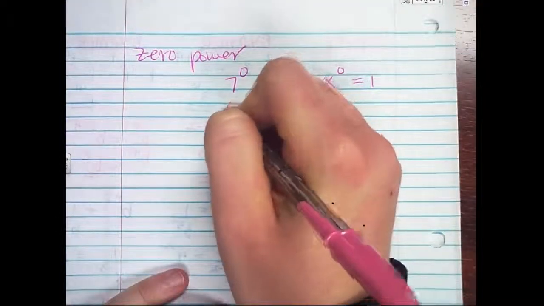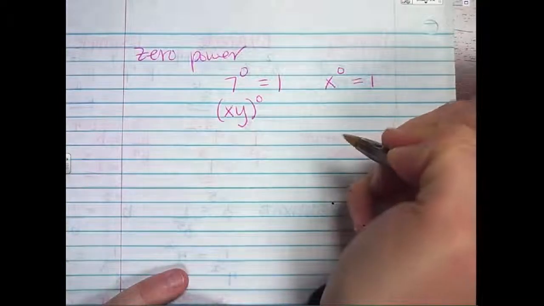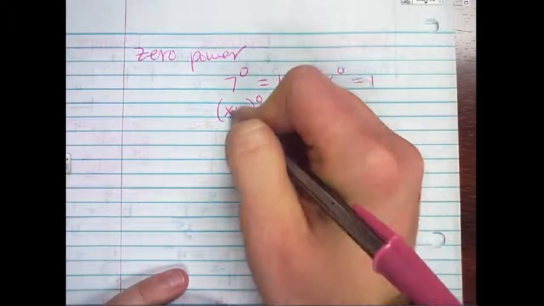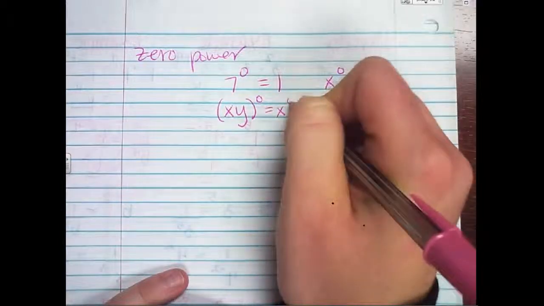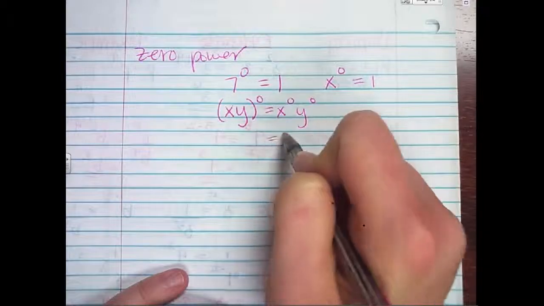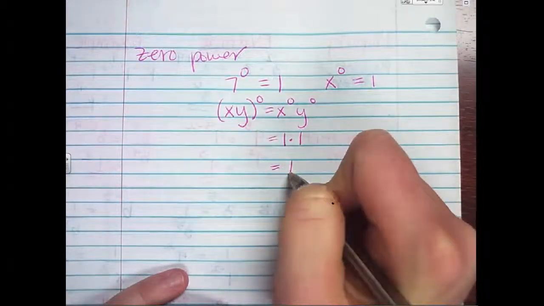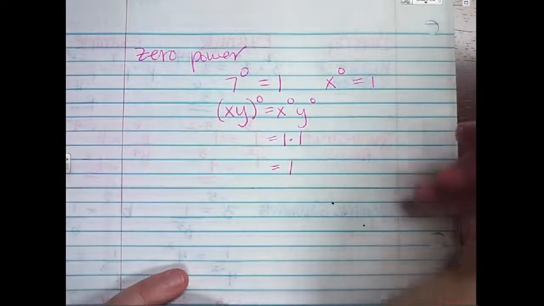If I have x, y, all to the 0 power, remember, this 0 goes to both of those. So I would have x to the 0, y to the 0, and both of those would equal 1. 1 times 1 is just 1. Okay, so when you see that 0, remember, anything with that 0 power is 1.